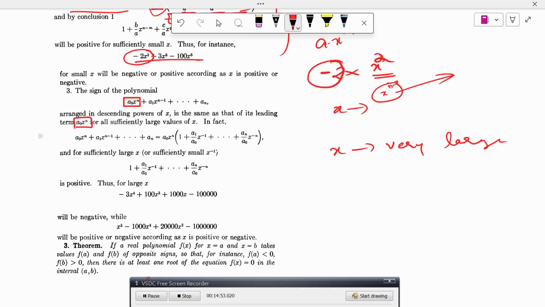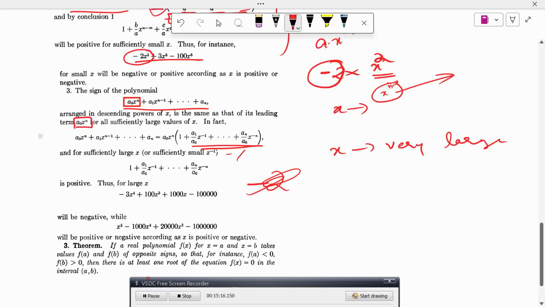If we arrange this polynomial in descending order and take that highest leading term common outside, this portion will be less than 1. Also it won't become like minus 2, 3 and all.